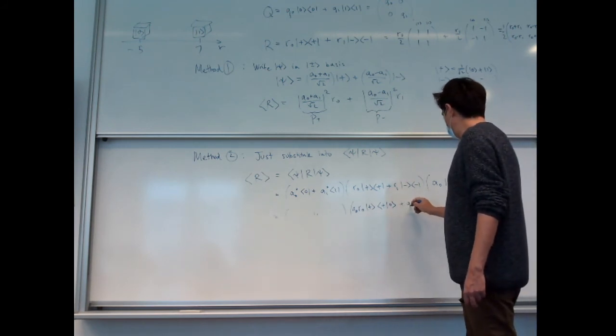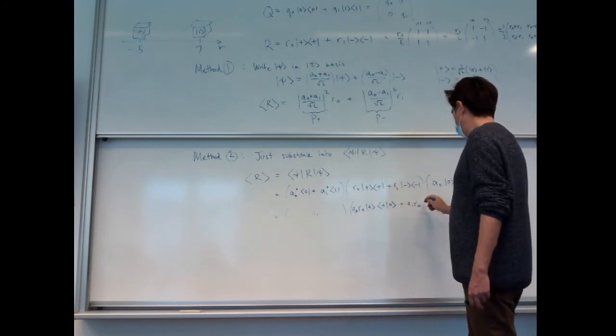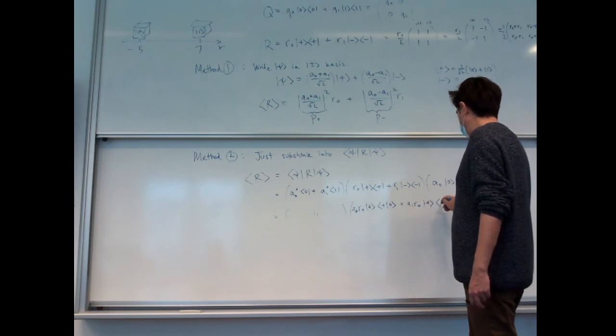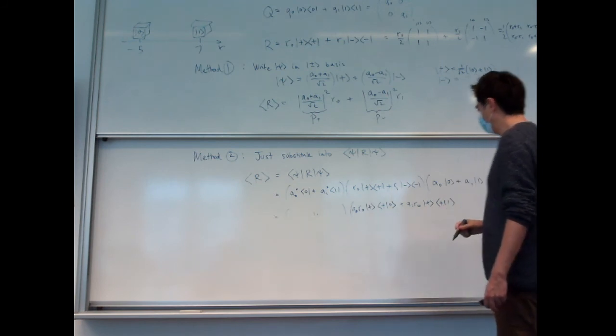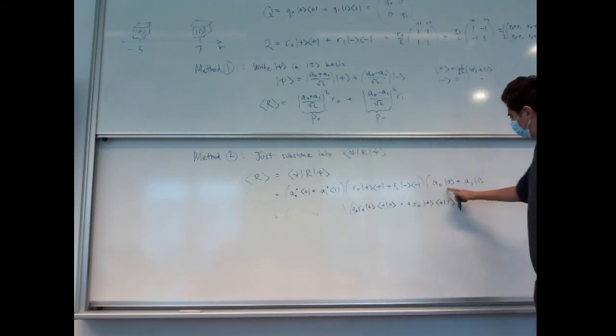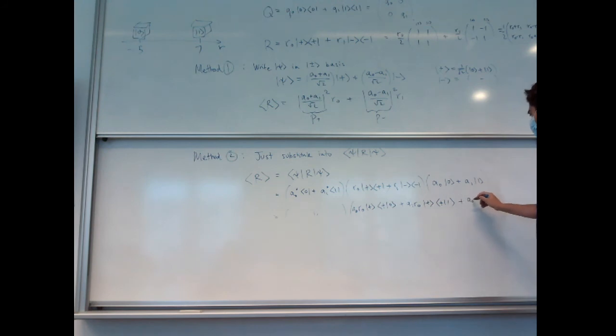So this one is going to be A1 R0, plus and 1. We'll do this one and this one: A0 R1. And the last one, A1 R1, minus and 1.